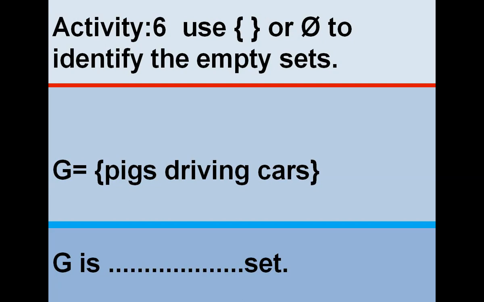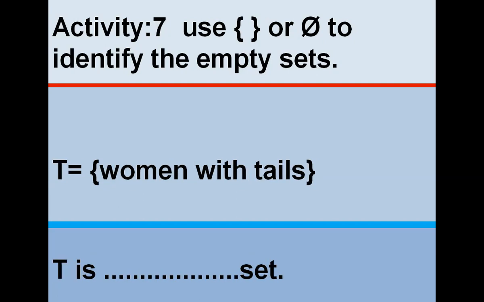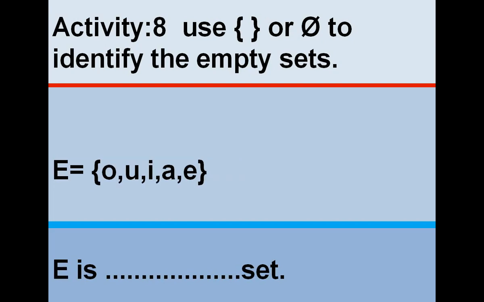Think about that and describe set G. Then set T is a set of women with tails. Have you ever seen women who have tails? Do they even exist? Okay, then describe set T. We've got set E. Set E is a set of the vowel letters. Can you describe set E now? Okay.